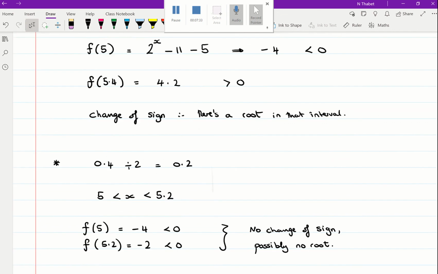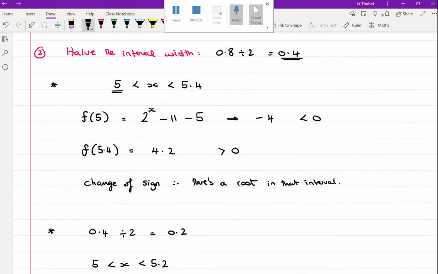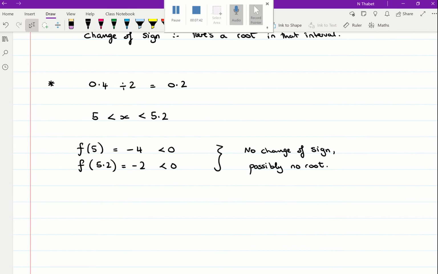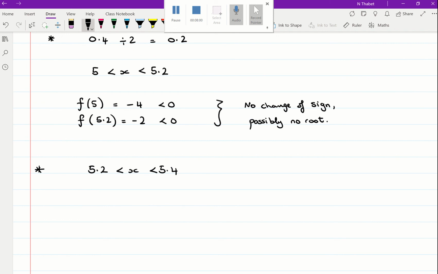I know that there is a root from 5 to 5.4, so I can play around with that. I can go from, for example, 5.2 to 5.4, and you have to try different values. I could have gone from 5.1 to 5.3, could have done that.